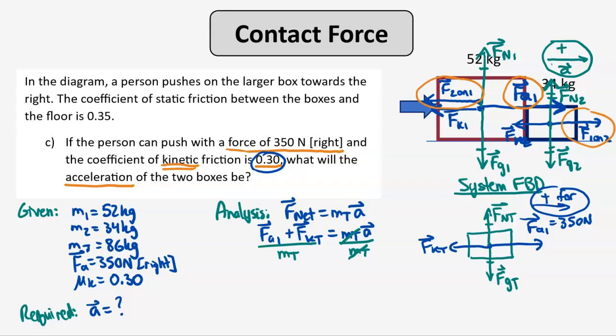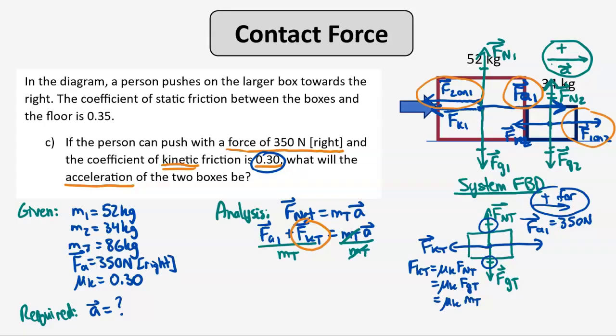Now at this point we know what FA1 is, we were given that, but we don't know what the force of kinetic friction is. And so what we have to do is we have to say the force of kinetic friction total is mu k times Fn total, because we're talking about the system. But Fn is equal to Fg, because there's no vertical acceleration again.